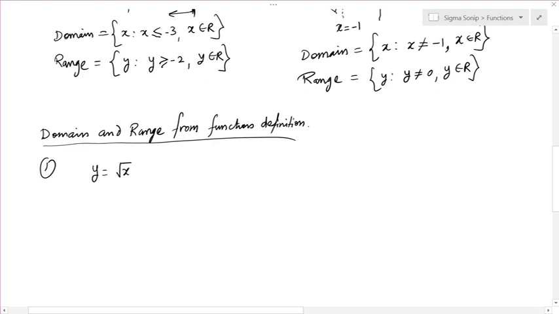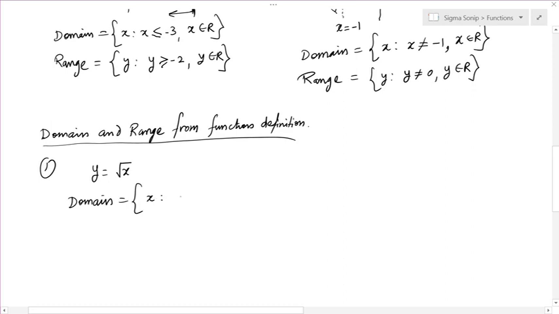So here we can see that x has to be positive, because you cannot have a negative number under the square root sign. That basically gives us our domain. X can be 0 or x has to be positive.